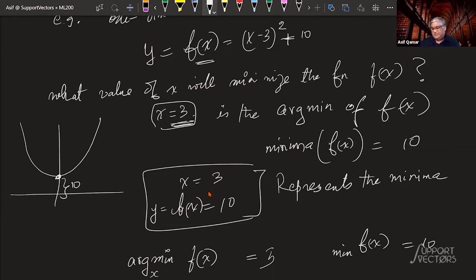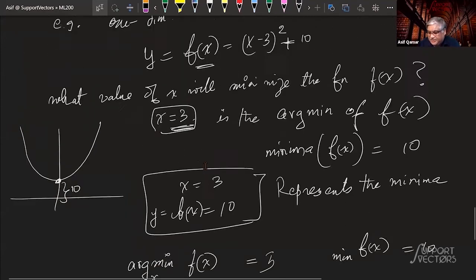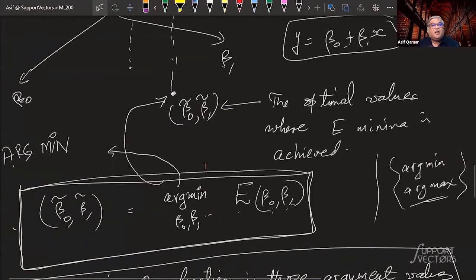The minima that you would achieve would still be 10. That's the concept of arg min, guys. So let's bring it back to our real life. What we are saying is we are finding that hypothesis, in simple terms those parameter values, beta naught, beta 1, that will minimize our error term.